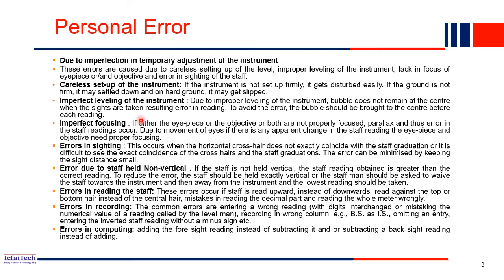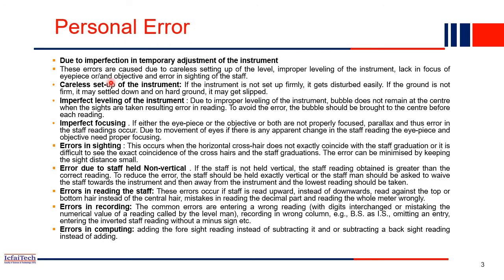Now the next type of error we have discussed is the personal error. Personal error will occur because of the surveyor as well as the assistant who is assisting with the surveying. The first is personal error due to imperfection in the temporary adjustment of the instrument, right? We normally do the temporary adjustment, and after that we do the permanent adjustment.